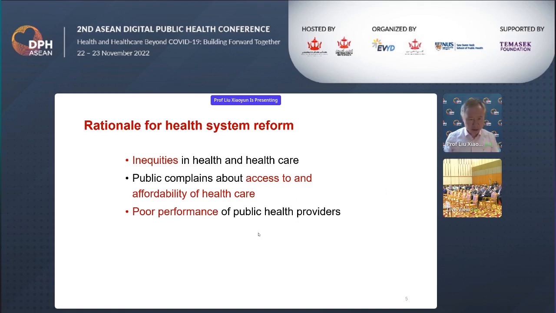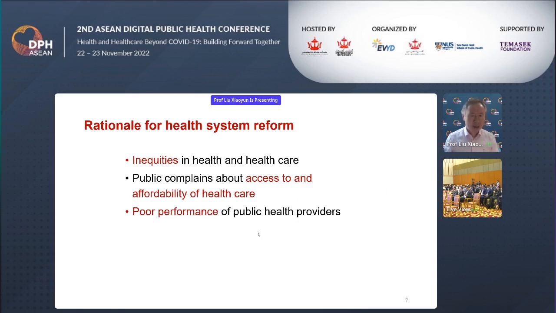Since China is a large country with 1.4 billion population, in some provinces and municipalities like Shanghai and Beijing, the health conditions of the population in this eastern developed area are equivalent to the most developed countries, while in the rural western provinces, the health conditions are somehow equivalent to the least developed countries. So there were huge disparities between rural and urban, and between the high income groups and the lower income groups.